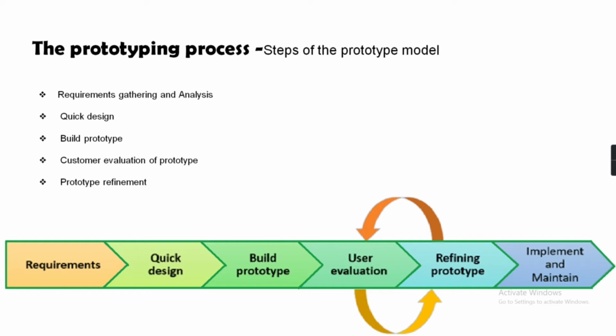Once the user evaluates the prototype, it is refined according to the requirements. When the user is satisfied with the developed prototype, a final system is developed based on the final prototype, which is developed by the iterative method, means we design the system according to the final prototype. After that we implement and test the product to find the errors and at last we maintain the system.